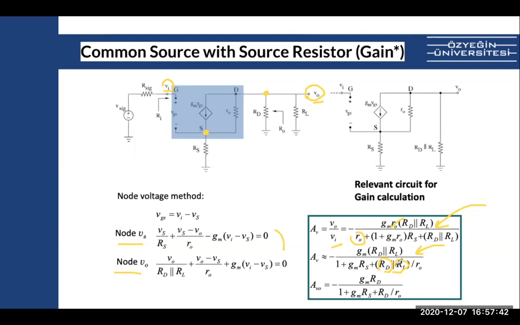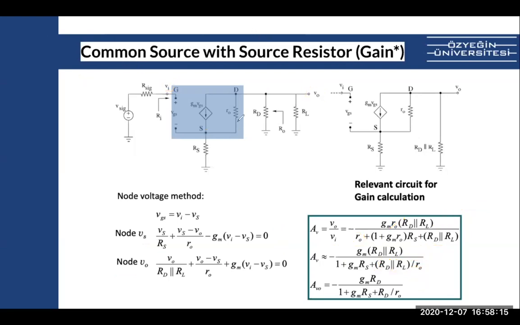So I don't know why it says that, but RL goes away and now comes this. So whatever you are given in the circuit, you can do those assumptions. So for instance, if R0 is huge, let's say 1 mega ohm, then basically this term will go to 0, right? And so on. You can make those calculation assumptions when you are solving it.